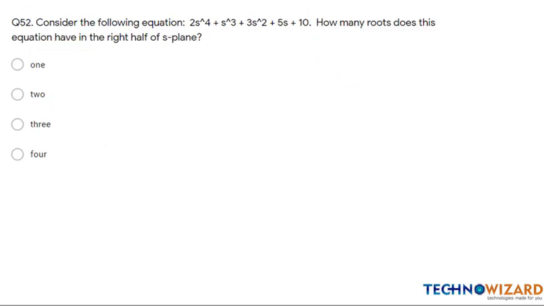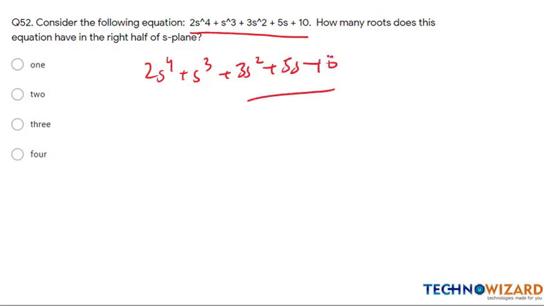Question number 52. Consider the following equation: 2s to the power 4 plus s cube plus 3s square plus 5s plus 10. We have to simply find the roots that lie in the right half of the s plane. Now, we are solving this by Routh-Hurwitz, with rows s square, s1, s to the power 0.